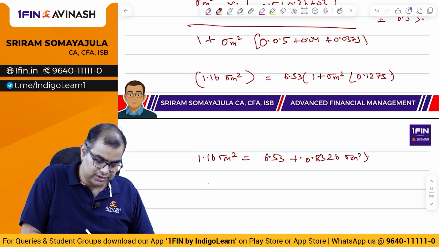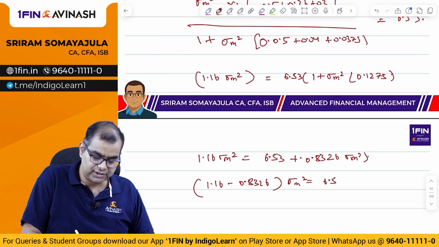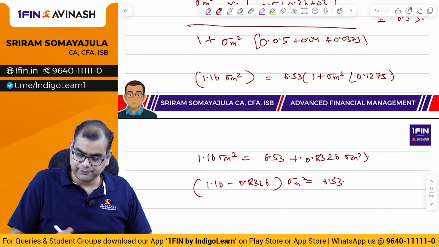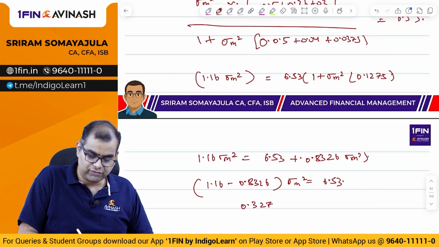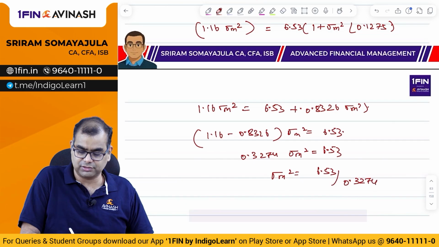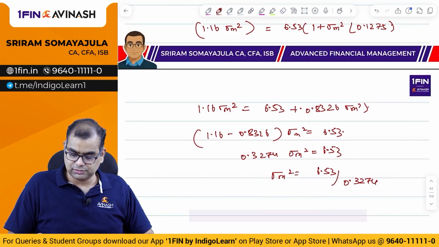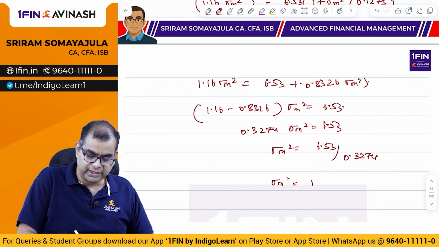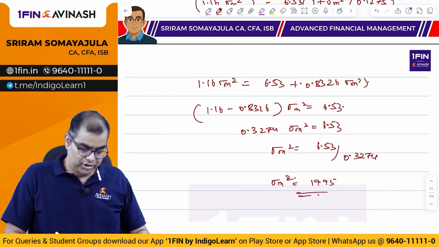Okay, so you take 1.16 minus 0.8326, whole thing into market variance, is equal to 6.53. So 1.16 minus 0.8326 is 0.3274 into market variance equal to 6.53, or market variance is equal to 6.53 by 0.3274. Market variance is equal to 19.95. Okay, so market variance is this.